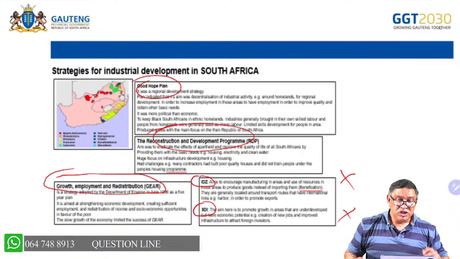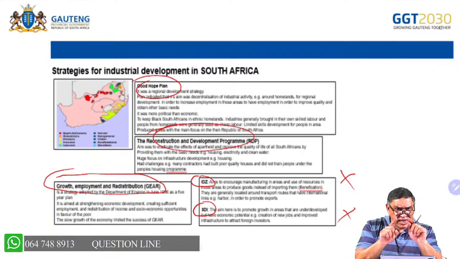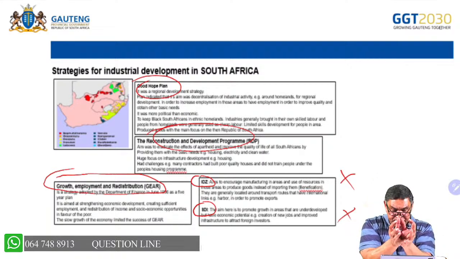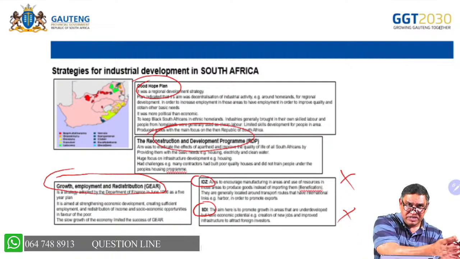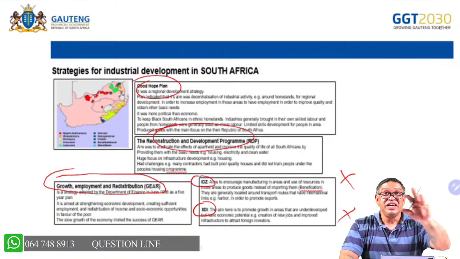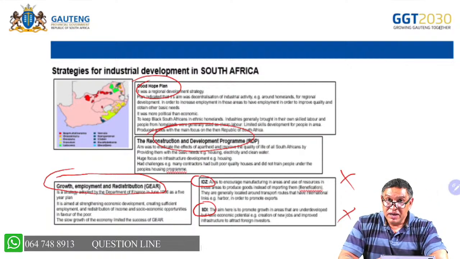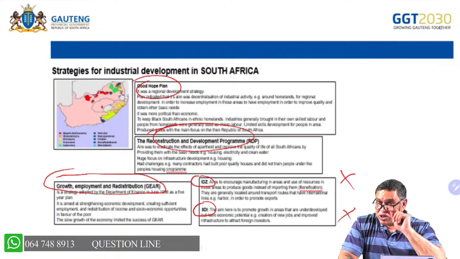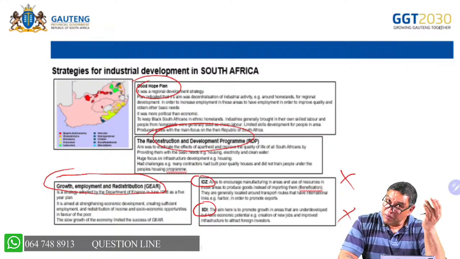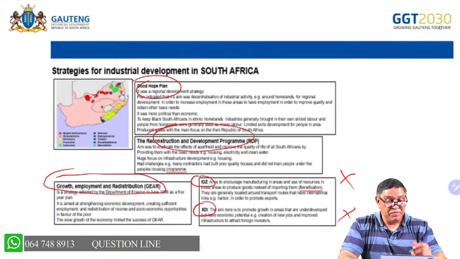You understand? So that is why you find your IDZ is near major transport routes like harbors. The Saldanha Bay is near a deep water harbor. Okay, so it was about producing goods, beneficiation, right? Replacing goods that you bought by producing them in the country.